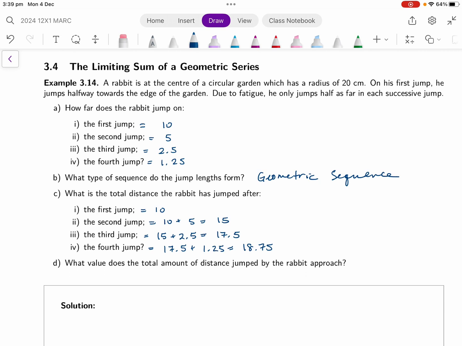So hopefully you're observing that as you are adding the first and the second and third and fourth, and so on and so forth, we're adding on smaller and smaller numbers. It's definitely approaching something, and just at a guess, it looks like perhaps that sum is approaching 20.